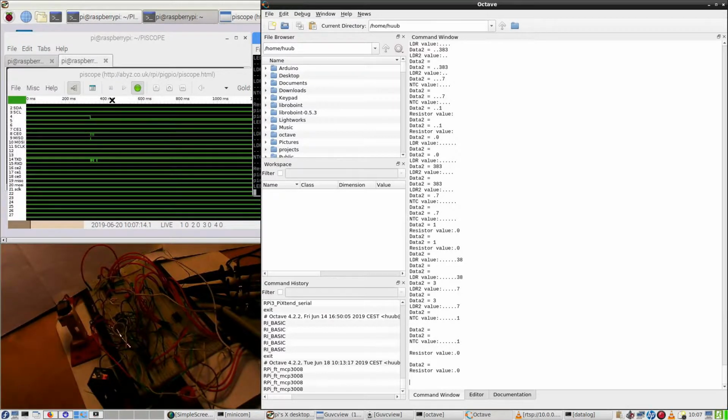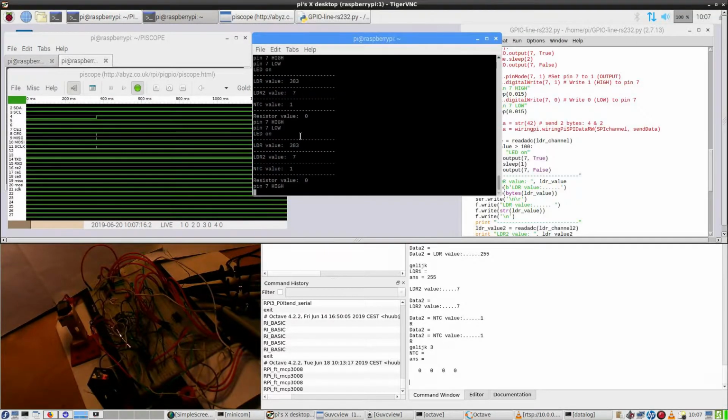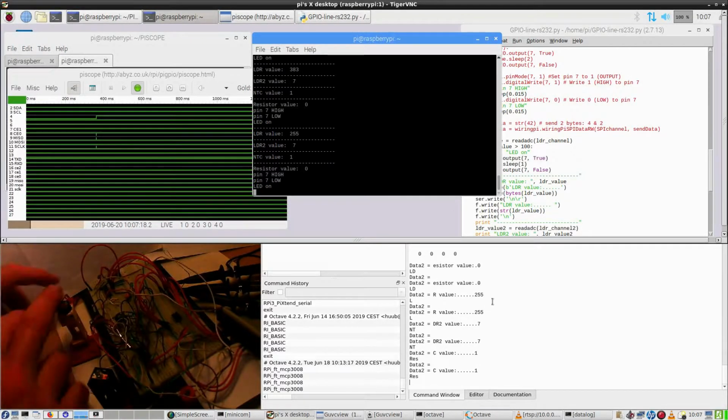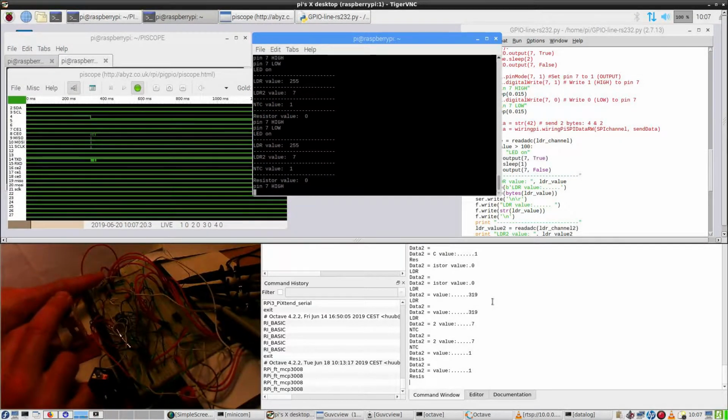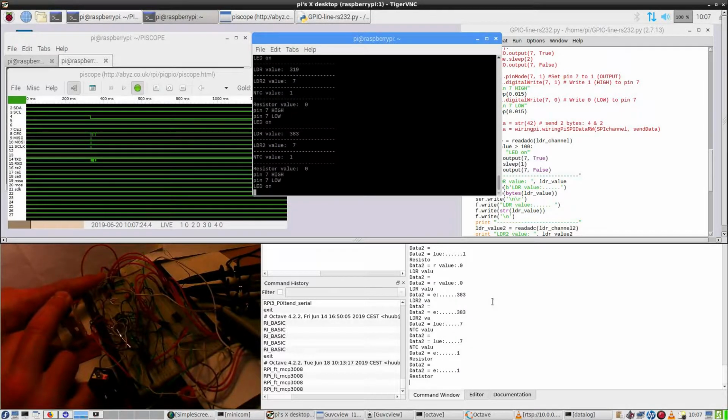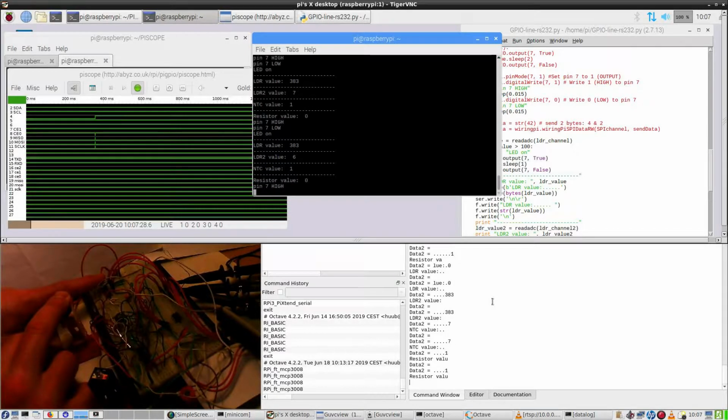Okay, wait, let's look at these values as well. So once more, what do I get? See, those are nice values. Very nice values even. But are they recorded?